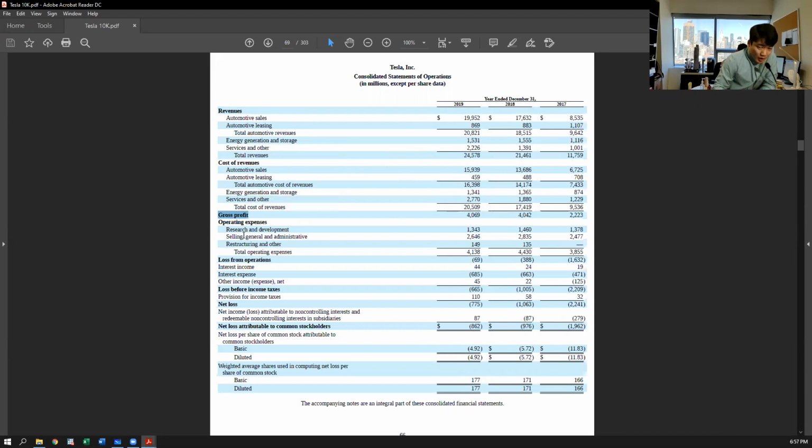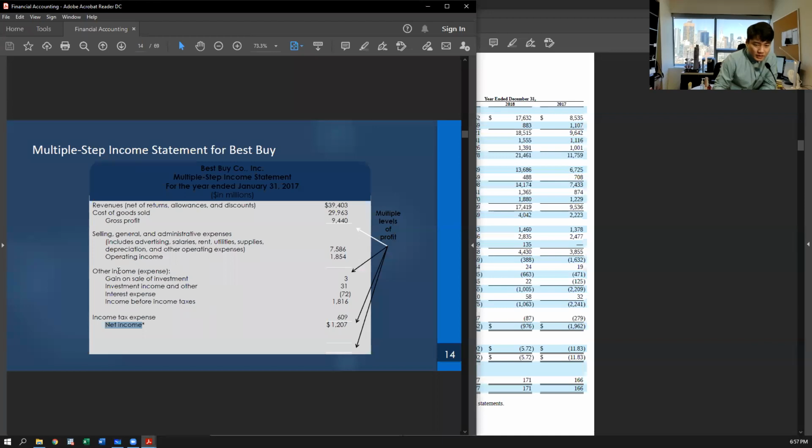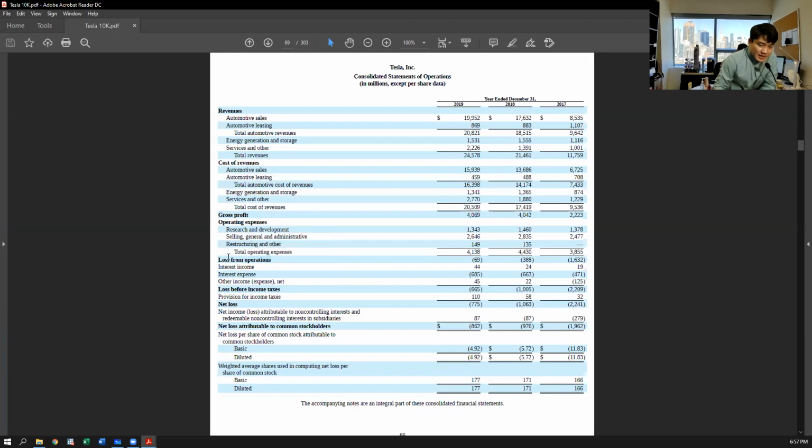And below that gross profit, there are operating expenses. SG&A, as you can see right here, research and development, and restructuring costs also fall under operating expenses. That will give you the operating income. For Tesla, it's actually not an income, it's a loss from operations, because the expenses are greater than revenues.